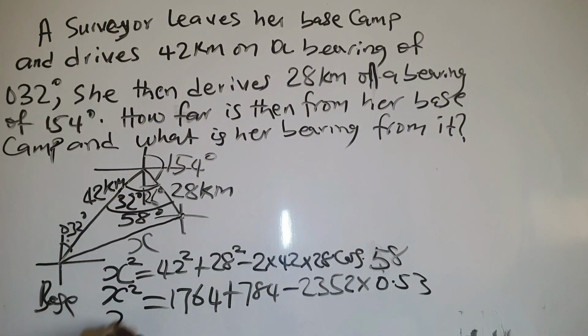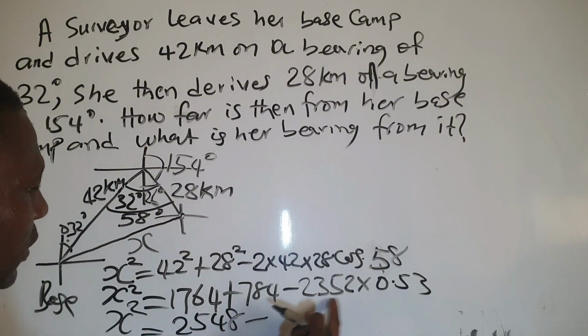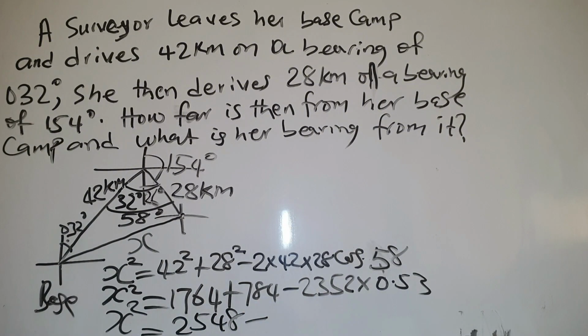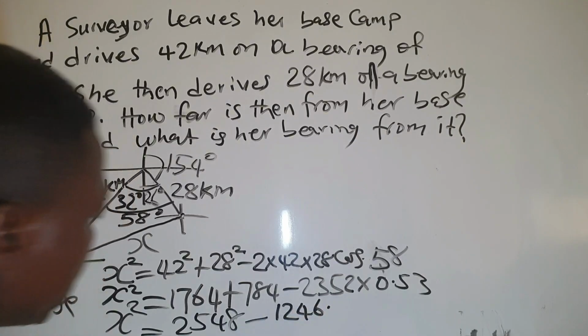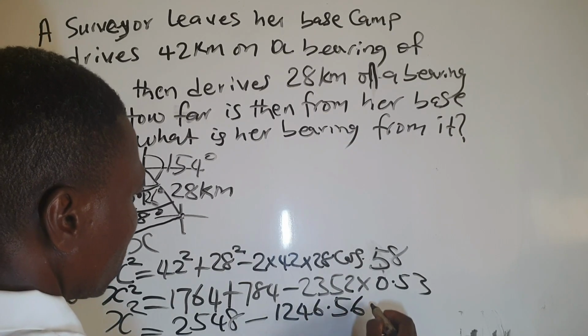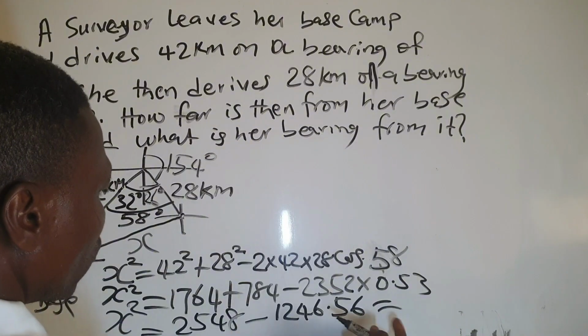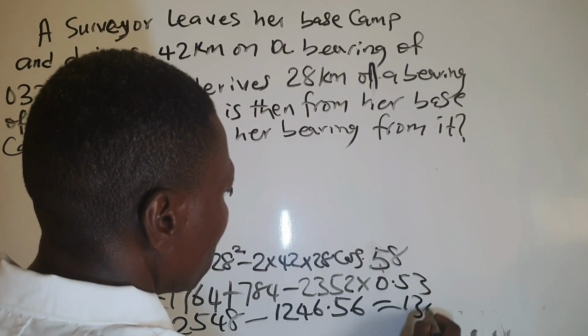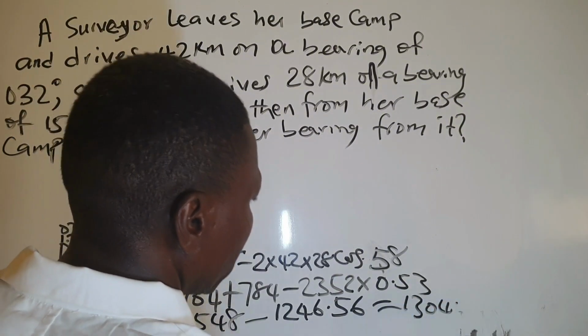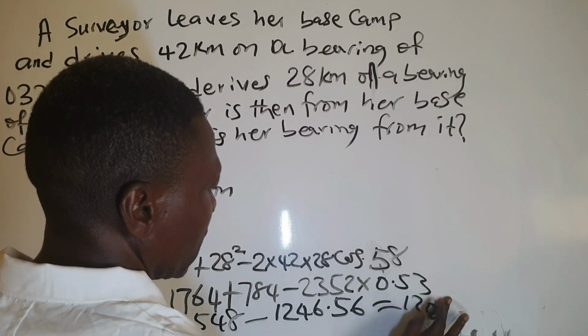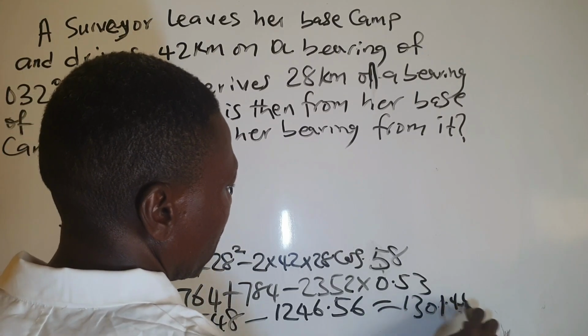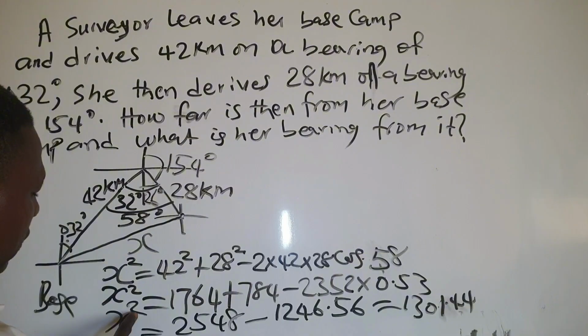Now let us start adding. X squared equals this plus this. 1764 plus 784, 2548, minus this times this, which will give us what? 1246.56, which equals this minus this, which will give us what? 1301.44.